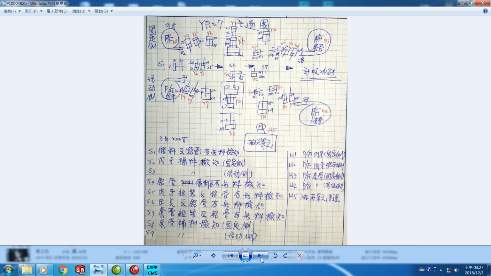The Y totally in this system used 25 output points, while the input points S1 until S40, totally 40 inputs. The total points is 65, not including the sensor. The stage sensor, there are S1 till S9.